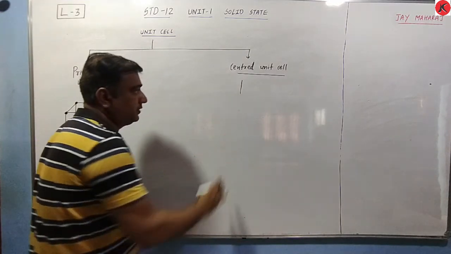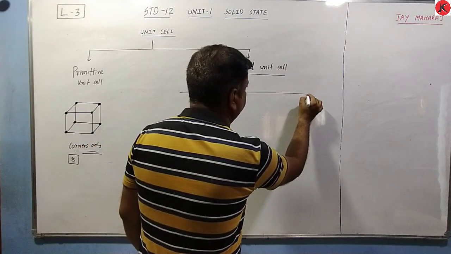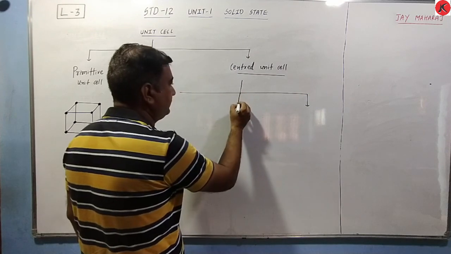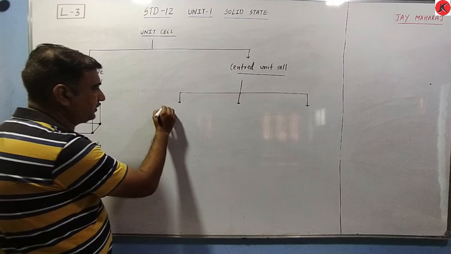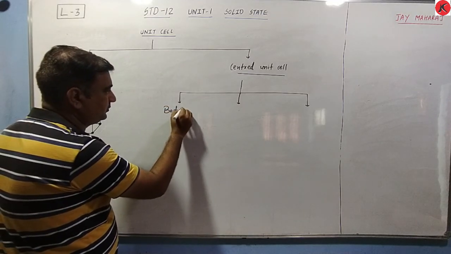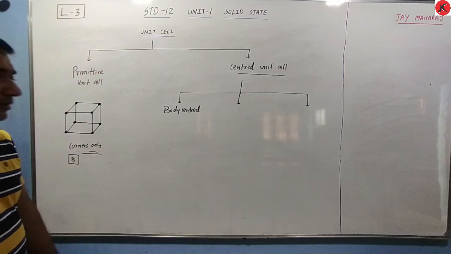Now the centered unit cell has 3 types. First one is body centered, otherwise BCC.